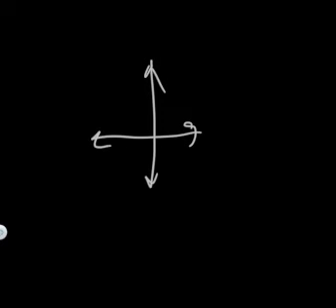So let's assume a coordinate system. And let's assume a couple points. We have this point, this point, this point, this point. Now we will be drawing vectors.